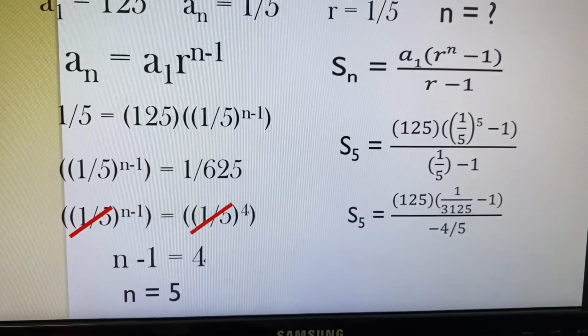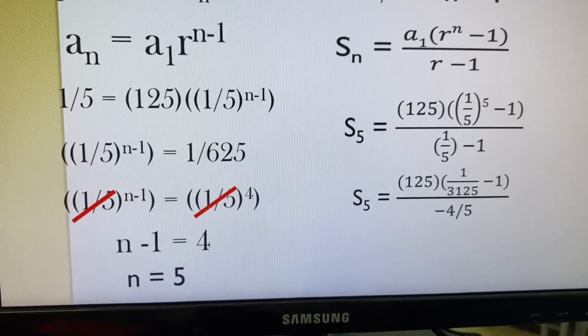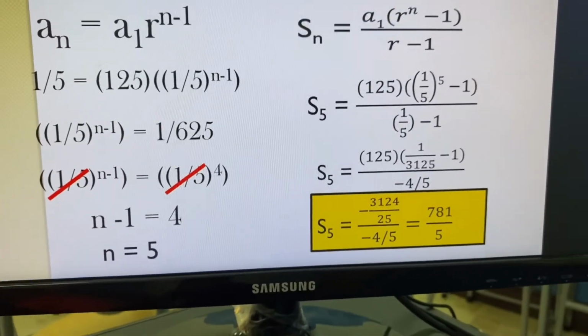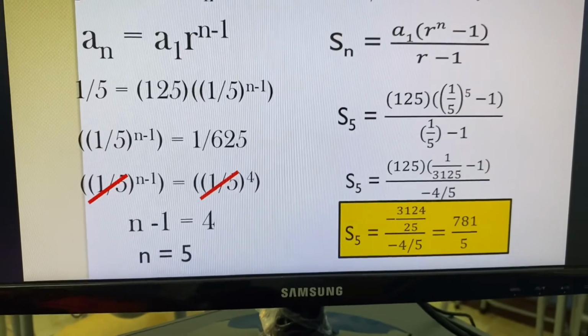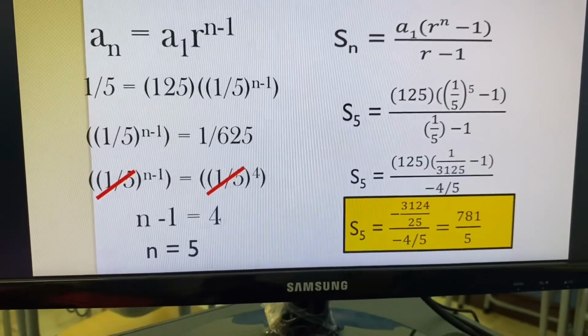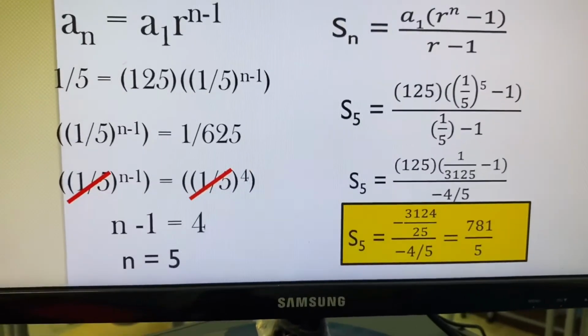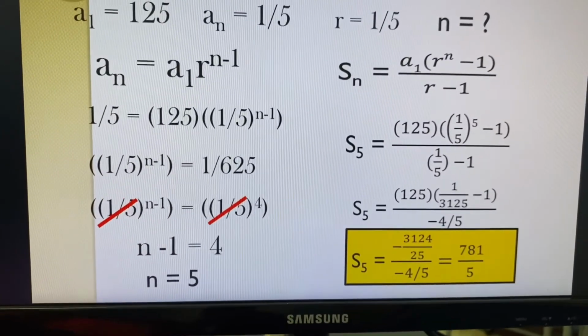So we simplify: 1 over 5 raised to the 5th power is equal to 1 over 3125. And then we have S sub 5 equals negative 3124 all over 25 divided by negative 4 over 5. Simplifying it, the final answer is positive 781 over 5.